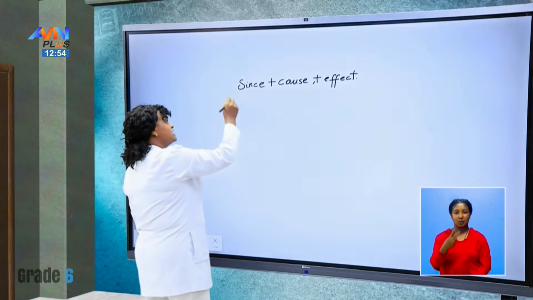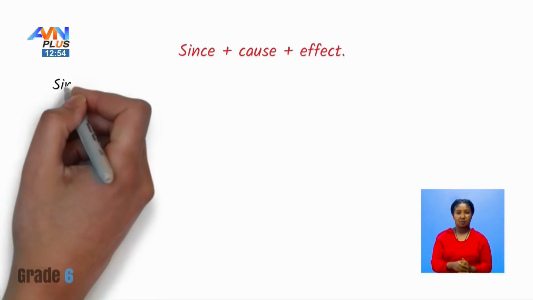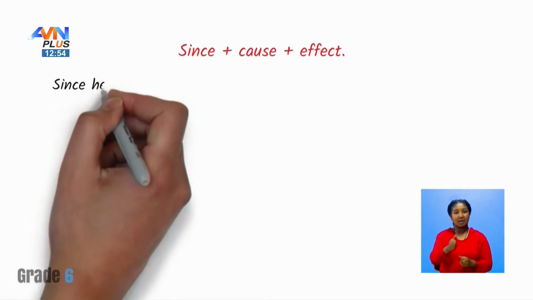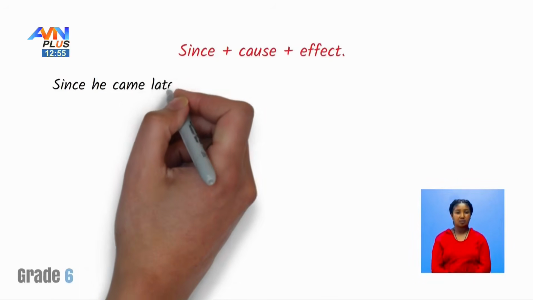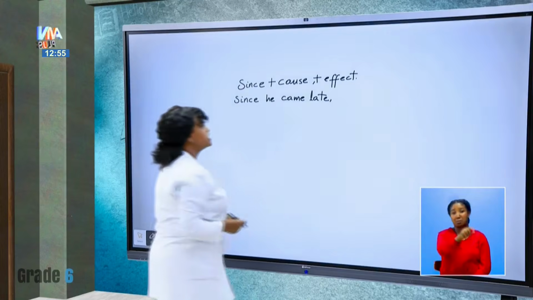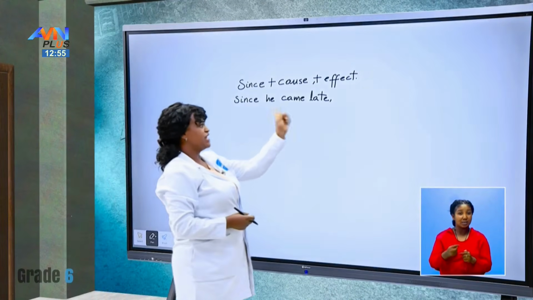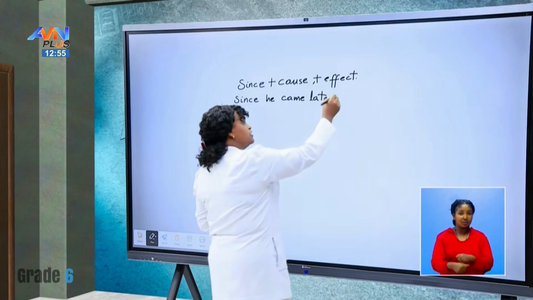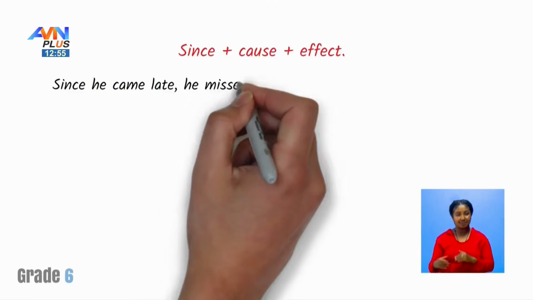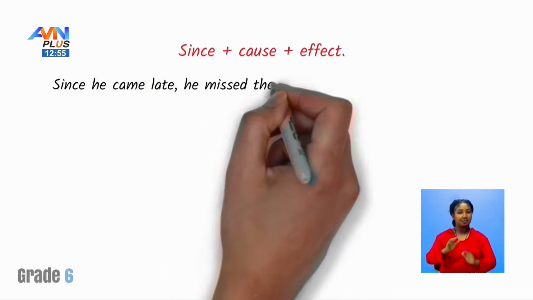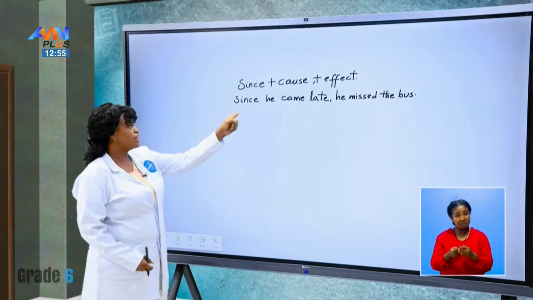Okay, look, since, then the cause, then effect. Let me give you an example. Since he came late, he missed the bus. You see? Since, then what?